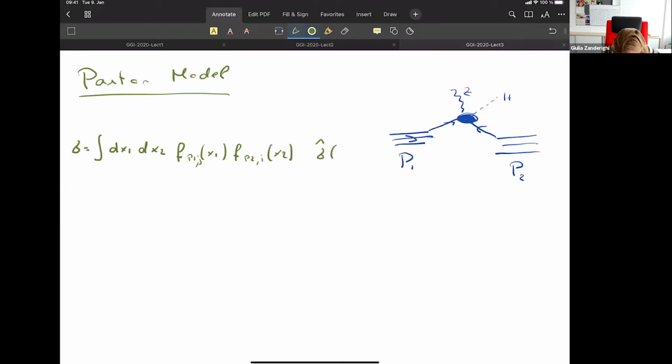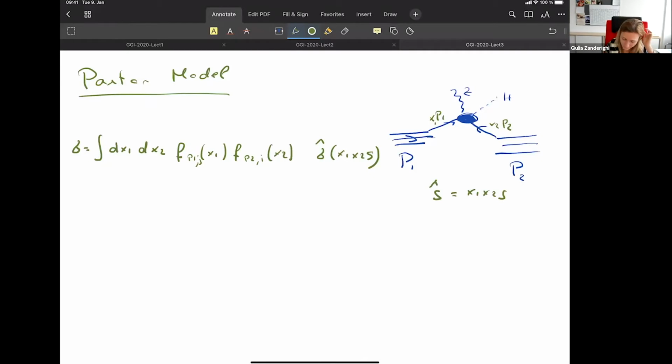I will explain exactly what I mean by this, what is the notation. x1 and x2 are the energy momentum fractions carried by the partons that enter the scattering. S is the center of mass energy of the collider, so 8 TeV, 13 TeV, and so on for the LHC. And the partonic center of mass energy, so the effective one that enters the hard scattering, is this s hat, which is x1 x2 times S.